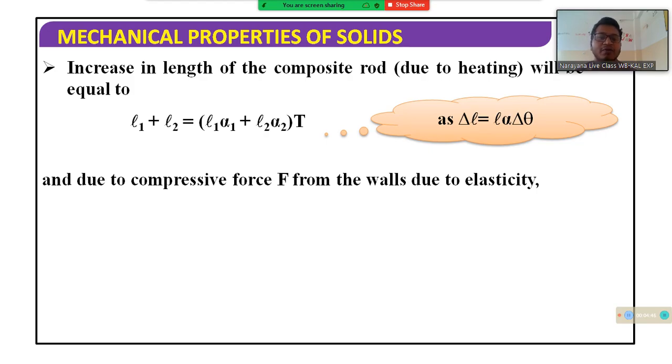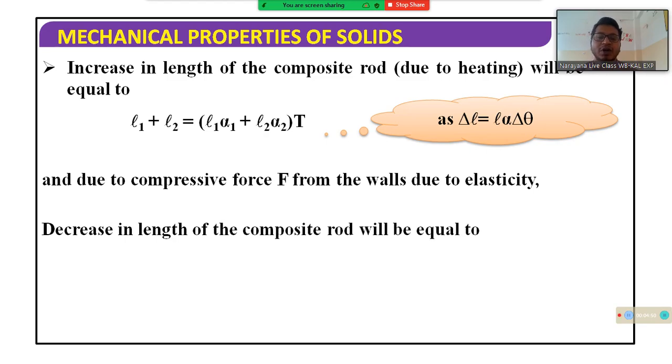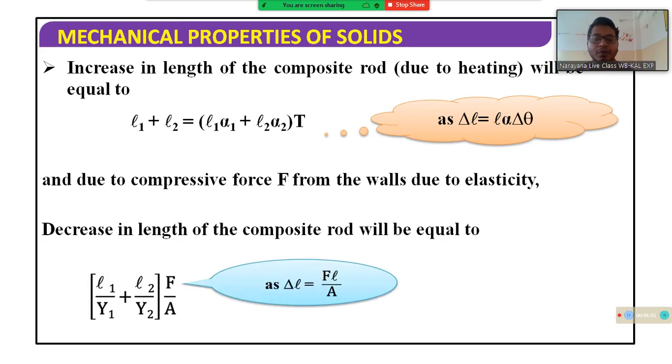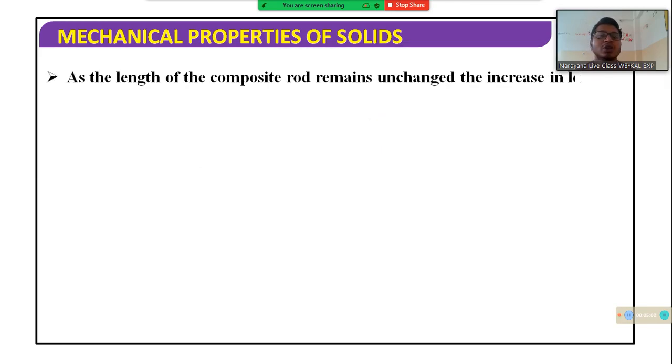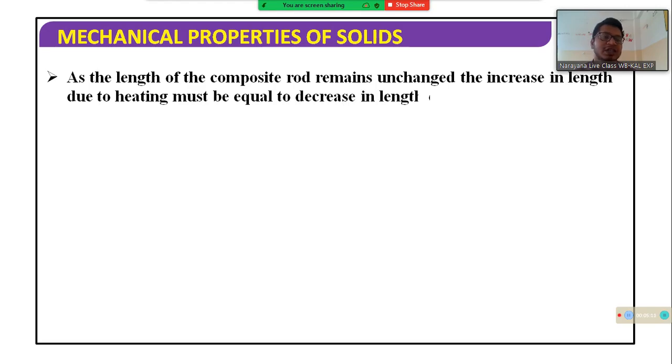Due to the composite force F from the wall, owing to its elasticity, the decrease in length of the composite rod equals (L1 by Y1 plus L2 by Y2) into F by A, where delta L equals FL by AY. As the length of the composite rod remains unchanged, the increase in length due to heating must equal the decrease in length due to compression.